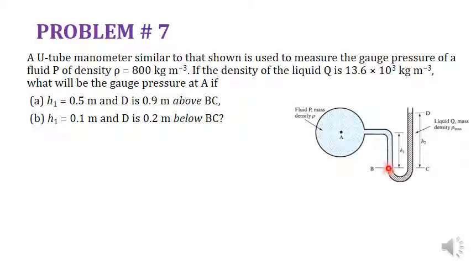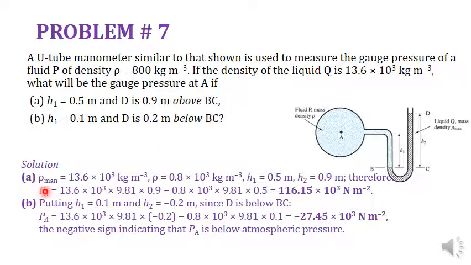So your B point will rise up here and your D point will be lower than the point C, this cross section BC. In this particular case it's obvious that the first case will give you positive pressures, meaning gauge pressures, and your second condition will give you a vacuum or negative pressure. So see how it happens.